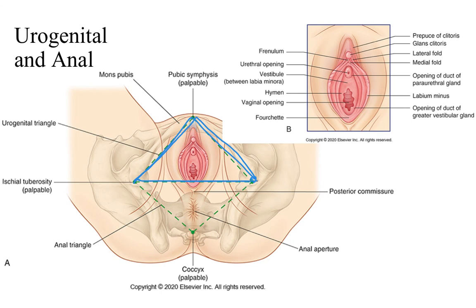That would be the anterior part, the urogenital triangle, and then the posterior part being the anal triangle, because it encircles the anus right here. Anatomically, if you have a patient in a lithotomy position like this, you will get a general idea for where the pelvic inlet is located and where those structures are in relation to that.